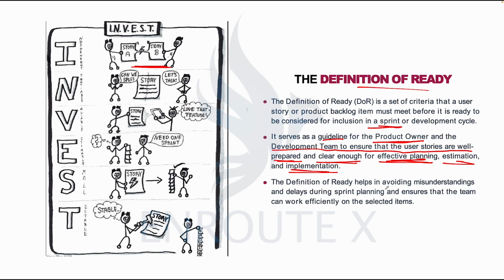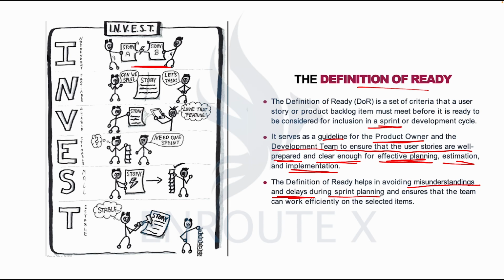The definition of ready helps to avoid misunderstandings and delays during the sprint planning. Why? Because you have planned well for each of the stories. You have ensured that all the details needed to deliver that story are made available for that piece of story.